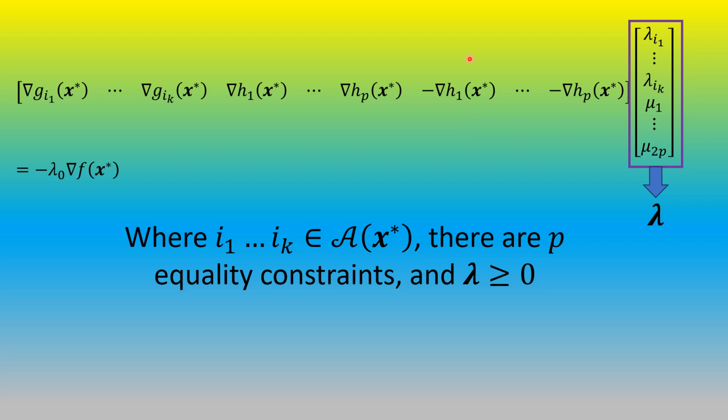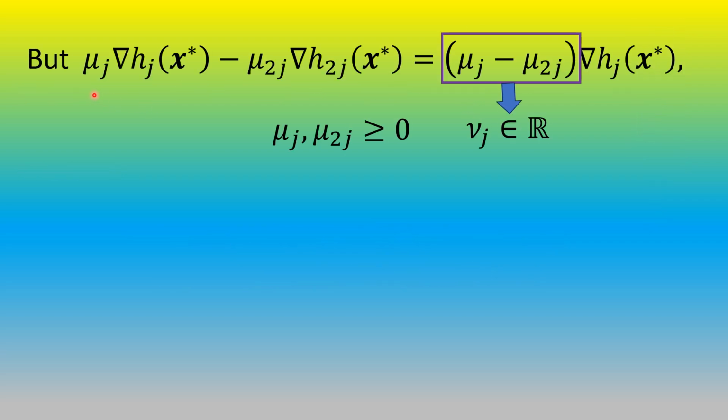So what can we do over here? You'll notice that when you sum these scalars multiplied by the equality constraints that we converted to inequality constraints, we get pairs for each j.